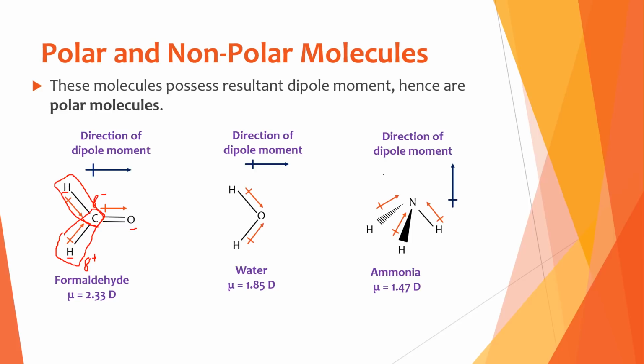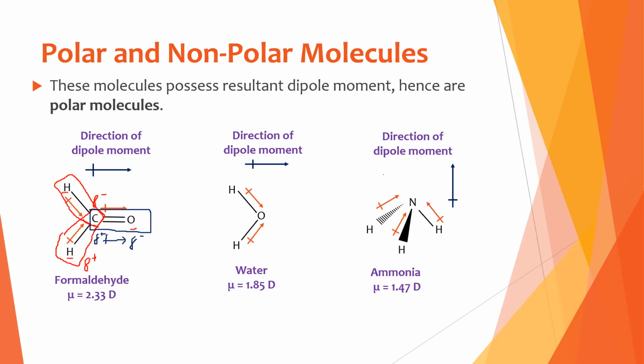But for the carbon and oxygen, oxygen is more electronegative than carbon. So carbon will become electropositive while oxygen will become electronegative. So the movement of the dipole moment will come from the carbon towards the oxygen, from positive to negative.